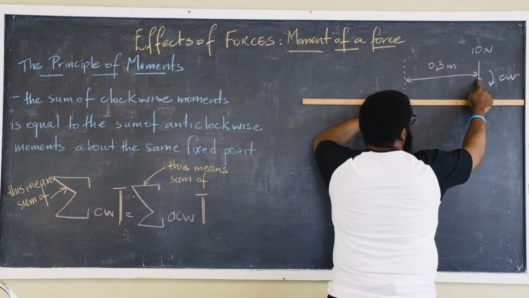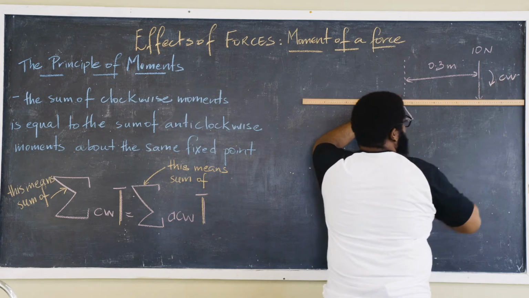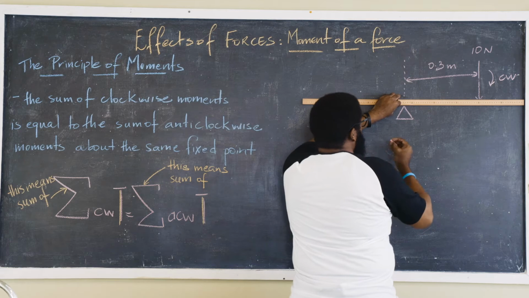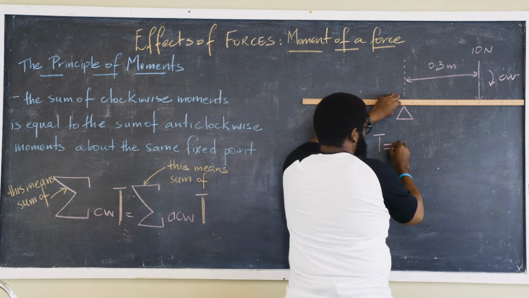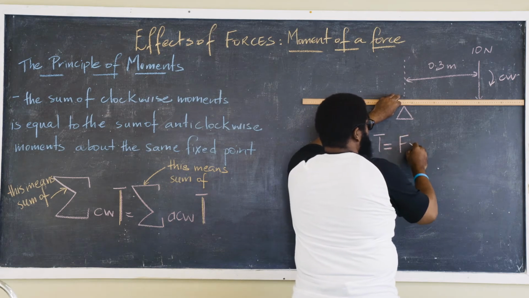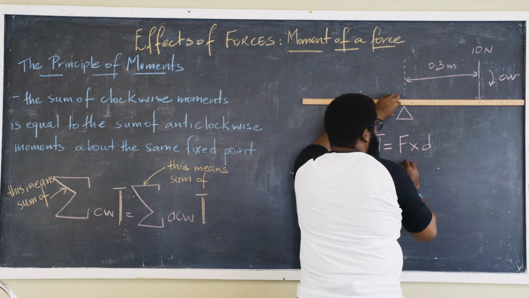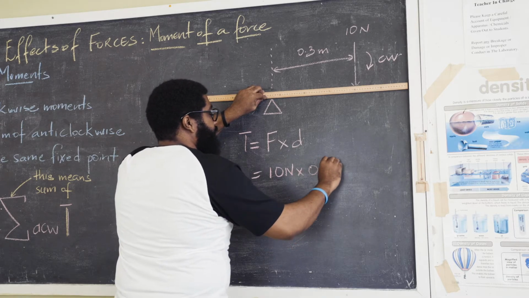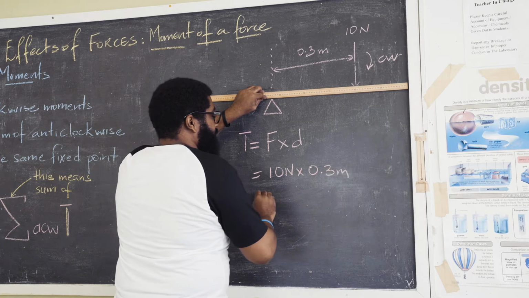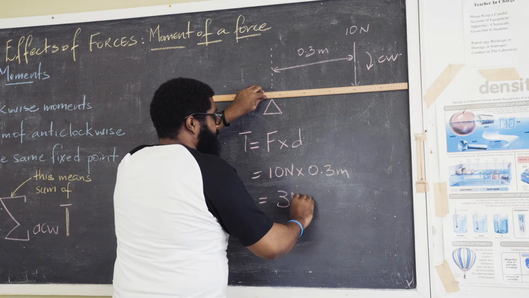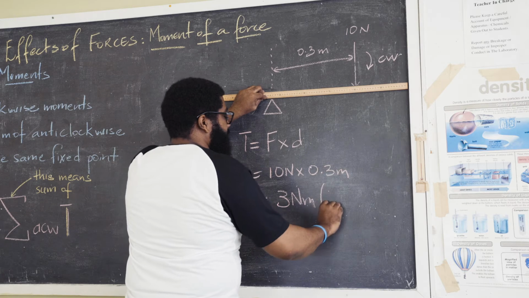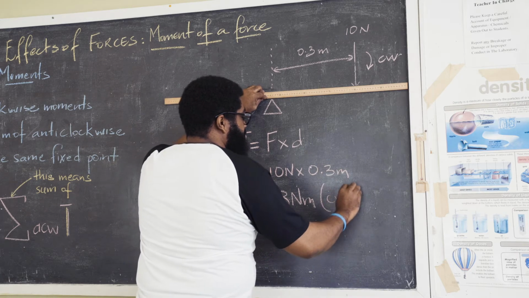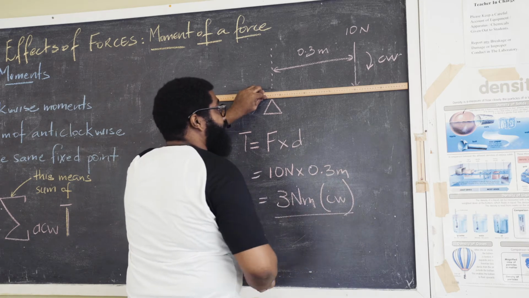Again, force, distance, direction of rotation. Using the formula, T, turning effect or moment of force, is force by distance. I have 10 newtons by 0.3 meters, and I get 3 newton meters. And my direction is clockwise. And that is my answer.